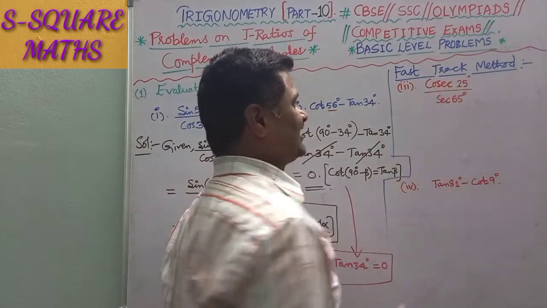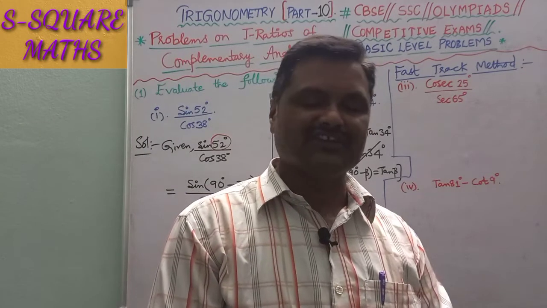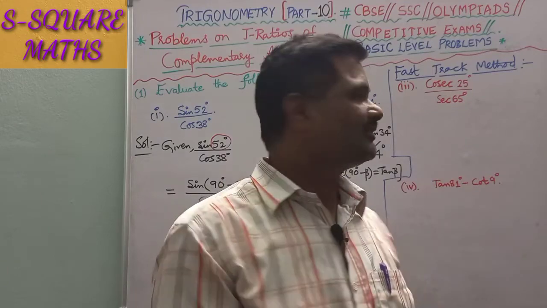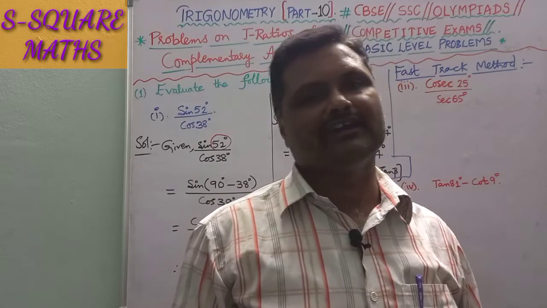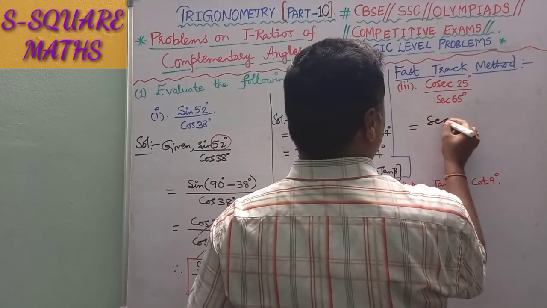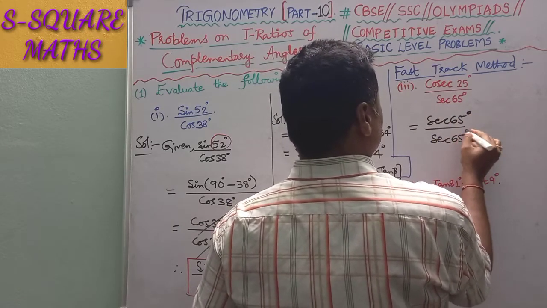Since cosec and sec are T ratios of complementary angles, first thing. Second thing, addition of 25 and 65 gives you 90. Then directly we can write sec 65 degrees by sec 65 degrees, which gives you 1.